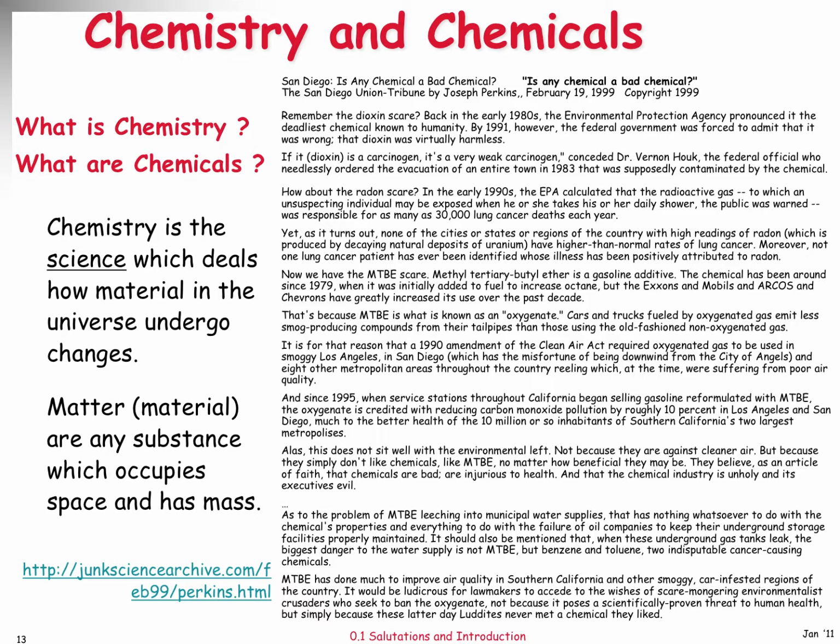That's because MTBE is what is known as an oxygenated chemical. Cars and trucks fueled by oxygenated gas emit fewer smog-polluting compounds from their tailpipes than those using old-fashioned non-oxygenated gas.